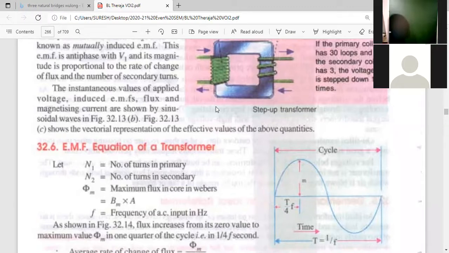Okay. See here on the board. On the y-axis, I am taking the flux. On the x-axis, I am taking the time. Draw the sine wave.